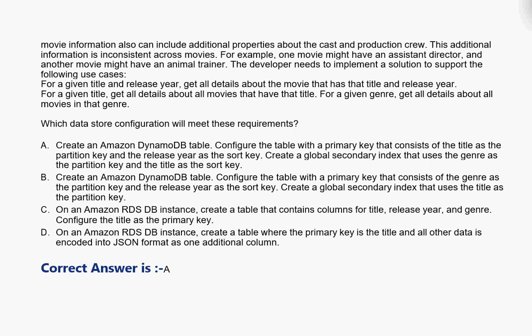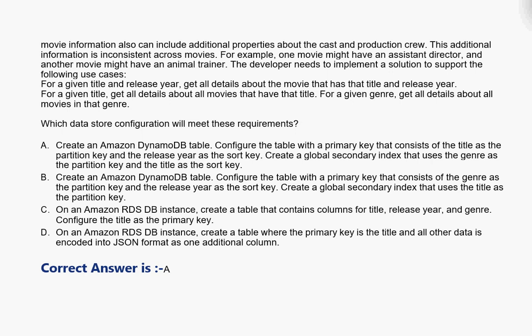Option B. Create an Amazon DynamoDB table. Configure the table with a primary key that consists of the genre as the partition key and the release year as the sort key. Create a global secondary index that uses the title as the partition key.